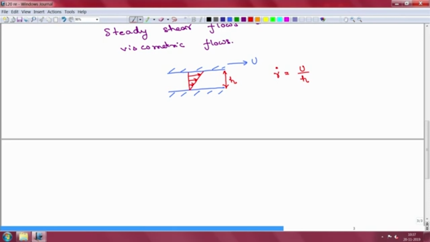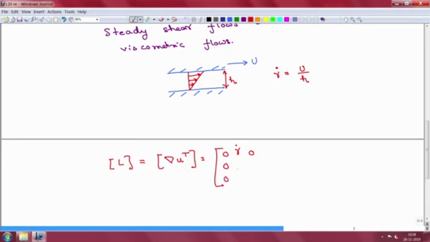Now, when you have this kind of simple shear flow, your velocity gradient tensor, if you calculate it, this quantity will have all zeros at all locations except for one entry, the second entry here.